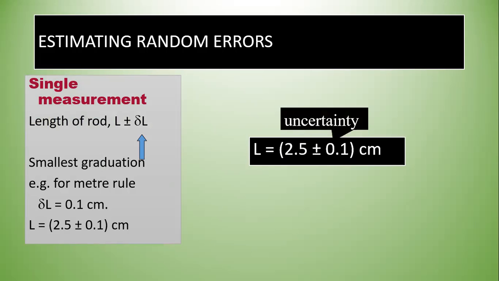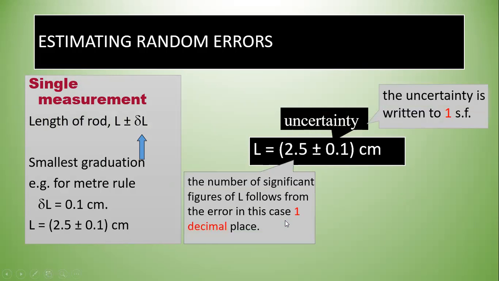Okay, that's the uncertainty. Always one significant figure. It's already uncertain, no point in putting two significant figures. Right? One is enough. Then the length follows this one decimal place. Right? In this case, it's two significant figures.